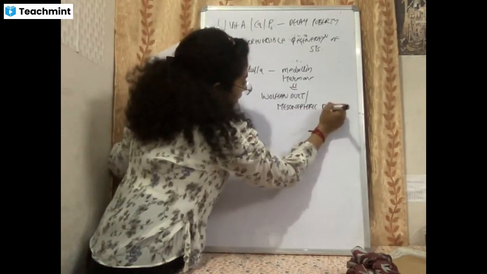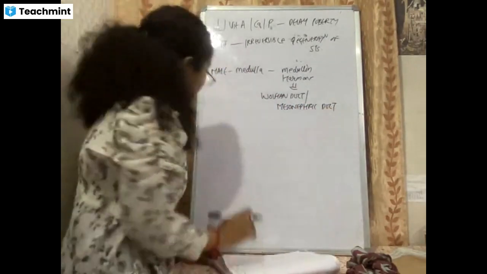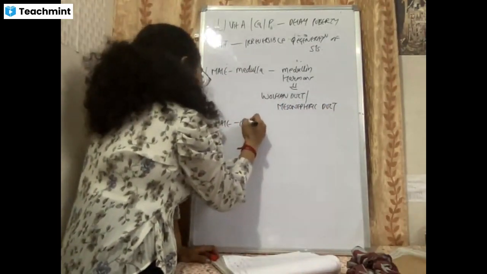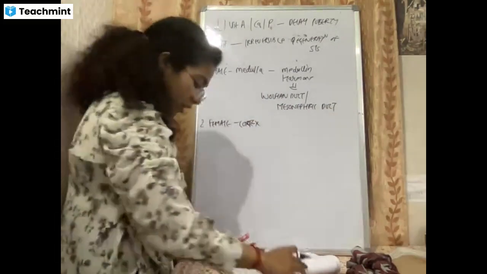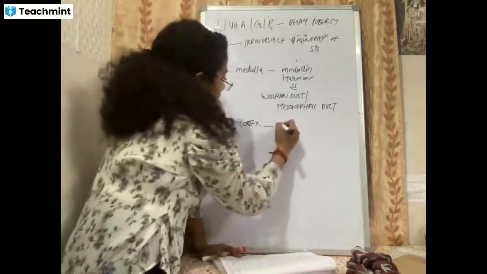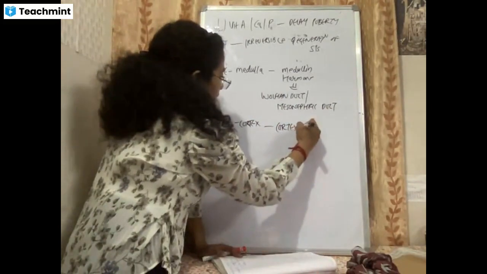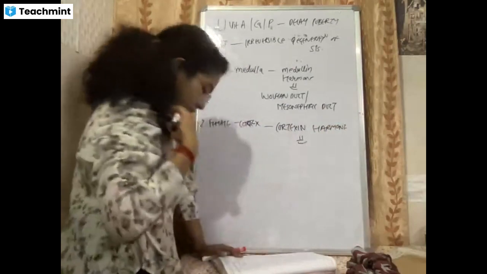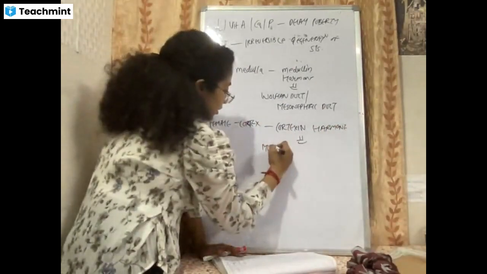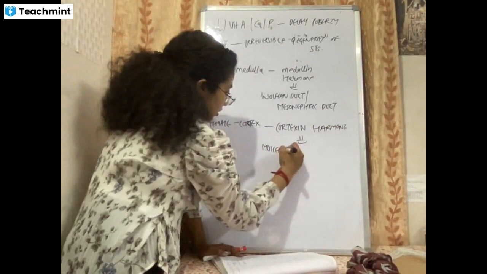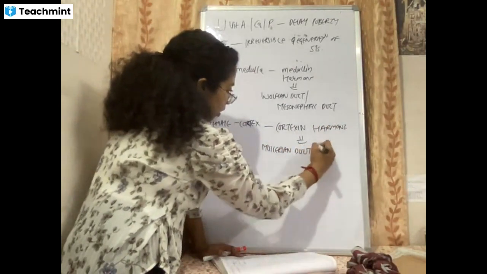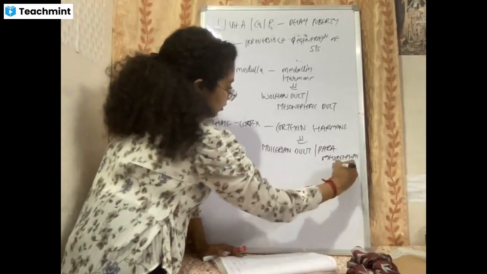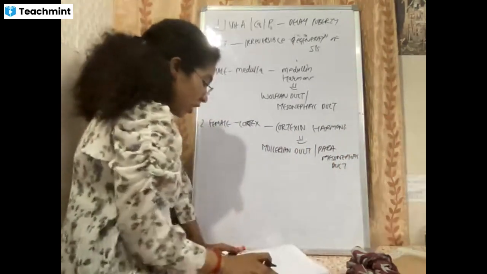Then when the female develops, in the cortex portion there occurs cortexin hormone, and this cortexin hormone forms the Mullerian duct, the paramesonephric duct.